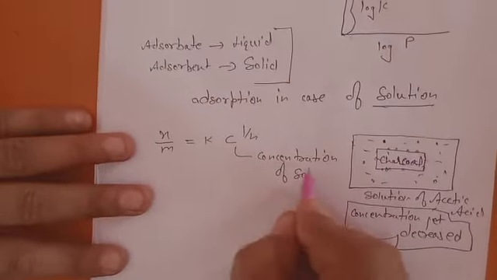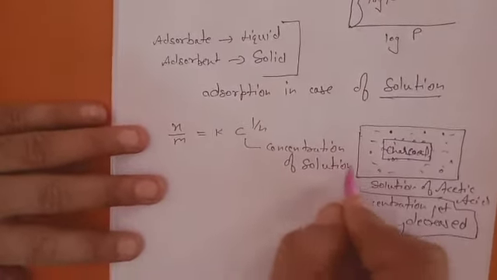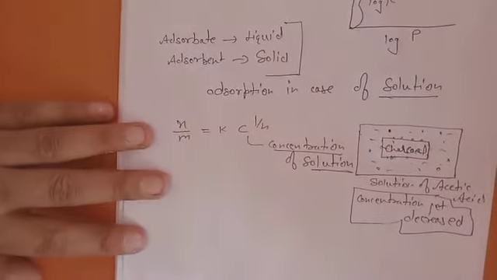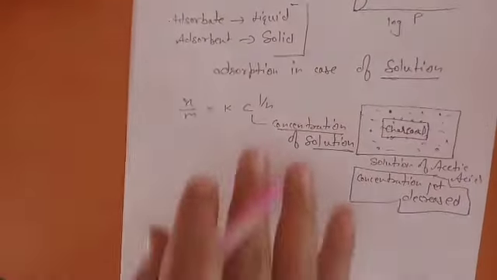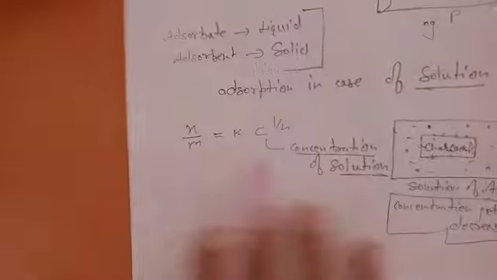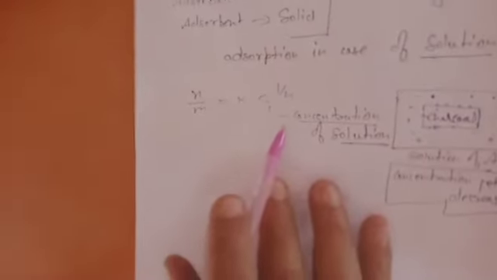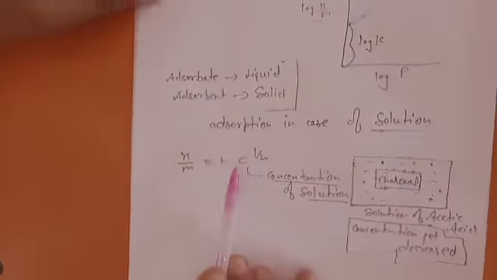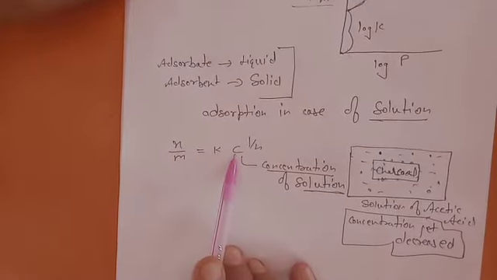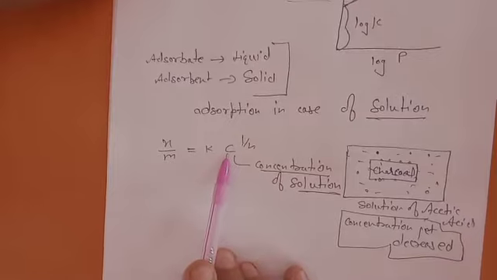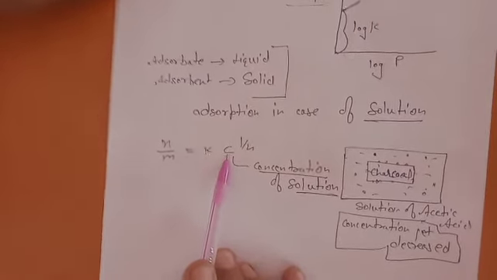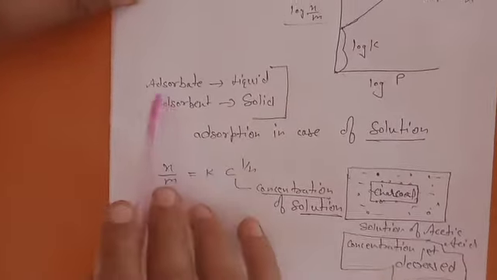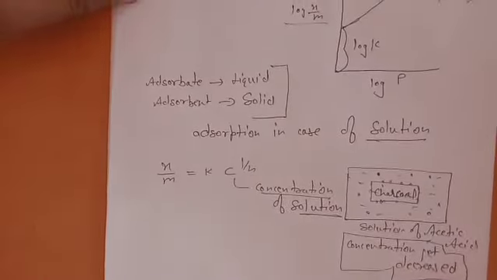The same quantitative relationship comes in adsorption in case of solution. The only difference is that the pressure term, when the gas is your adsorbate, changes to concentration when your adsorbate becomes a liquid.